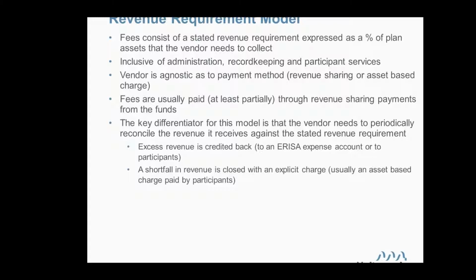Should the funds that you're using pay revenue sharing in excess of the revenue requirement, then you'll have excess revenue. The excess revenue can be credited back to an ERISA account or directly back to the participants. However, if there's a shortfall in the revenue, you may get an explicit charge or an invoice or at least a request to pay for those fees that are in shortfall.